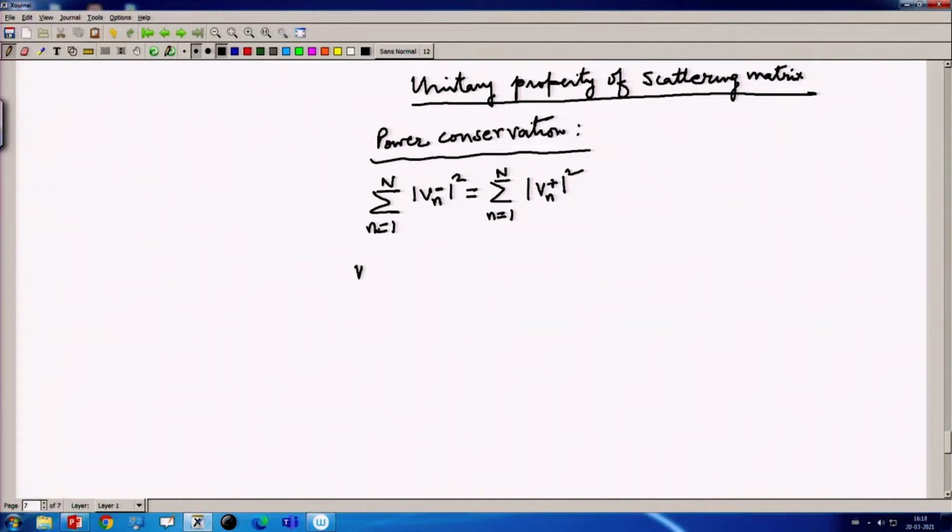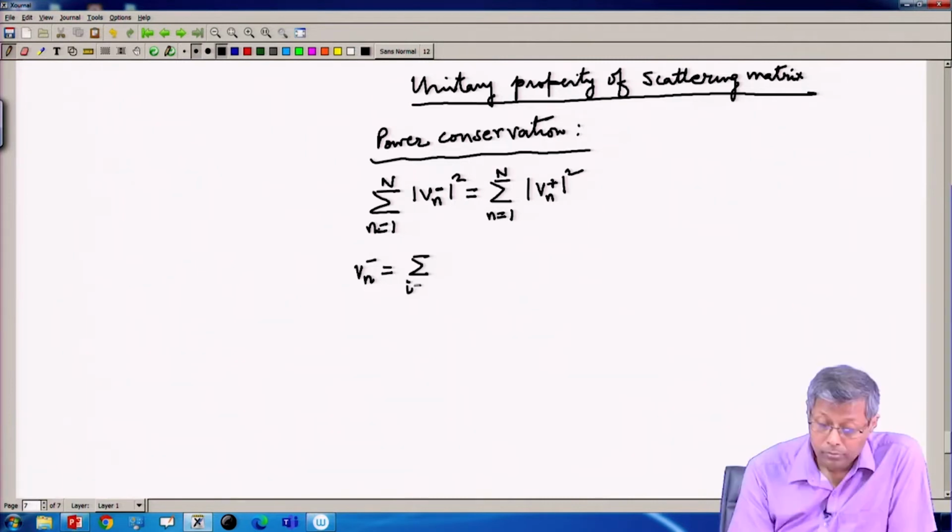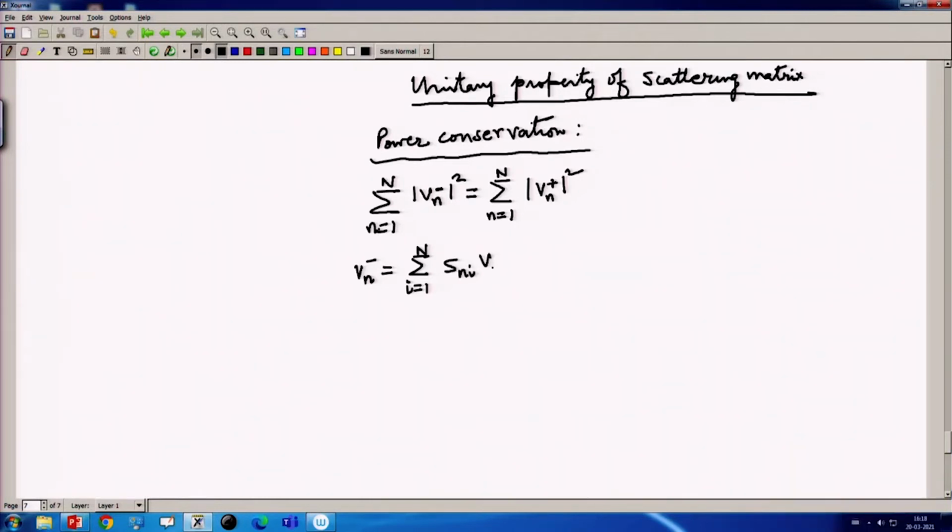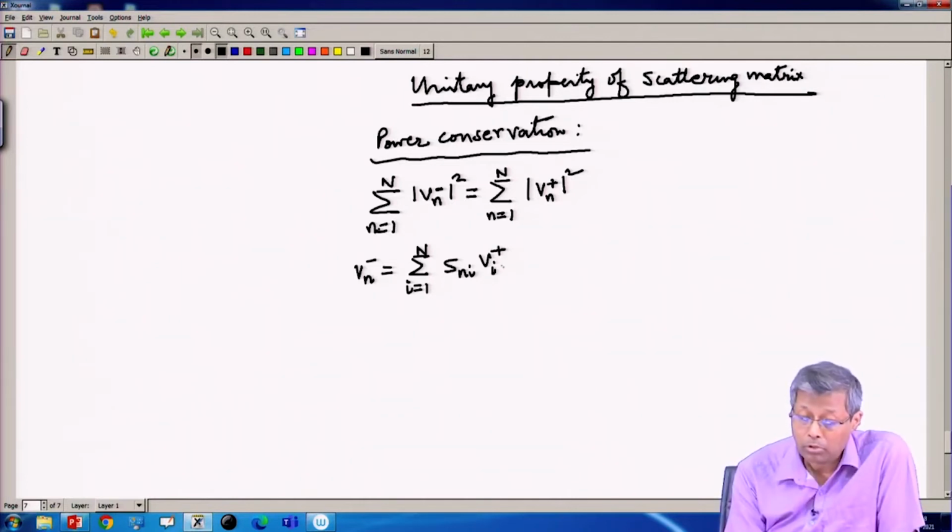So, now we know the outgoing wave at the nth port is related to all the incident waves at other ports through this relationship, which we can obtain from the scattering matrix definition, from the definition of the scattering matrix parameters.